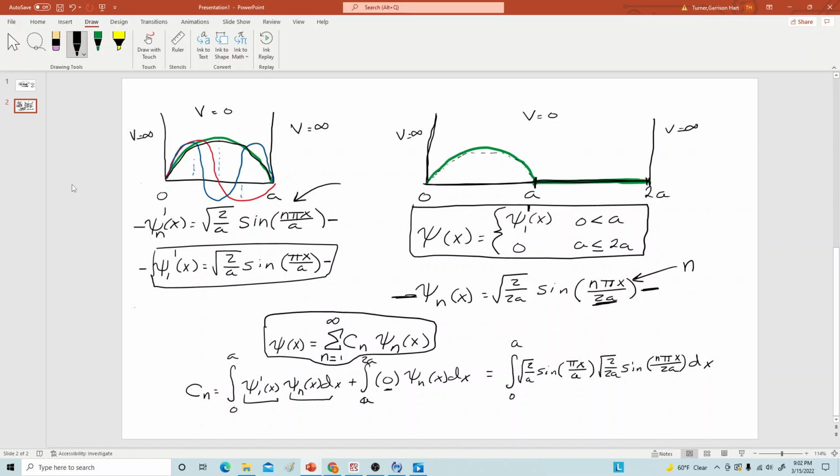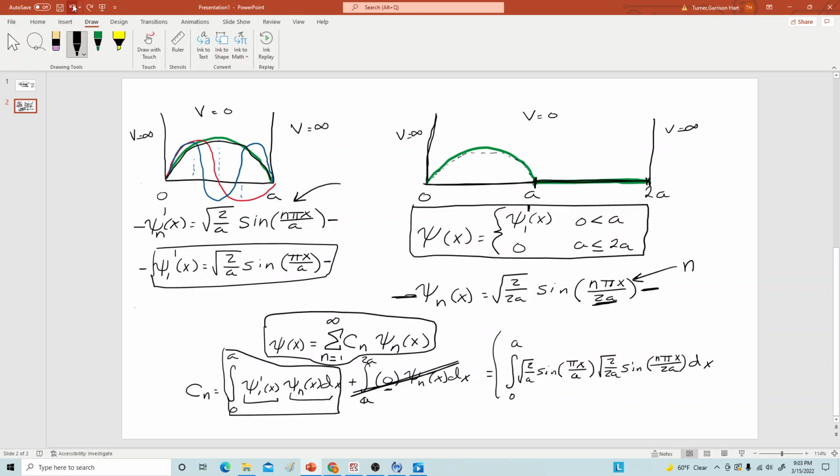And so it turns out, of course, that when you multiply any function by 0, it'll be 0. So this term cancels out, and you're just left with this piece, which is this written out.